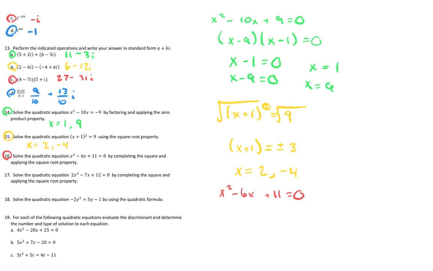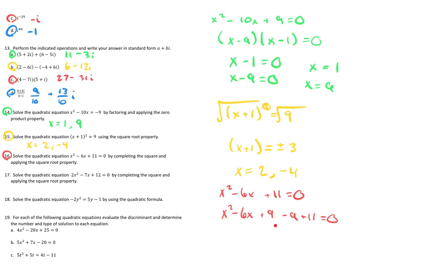So you can either think of it as breaking this 11 into a 9 and 2, or you can just think you're going to add and then subtract 9. So we get that x squared minus 6x plus 9 minus 9 plus 11 equals 0. So we haven't altered the equation.